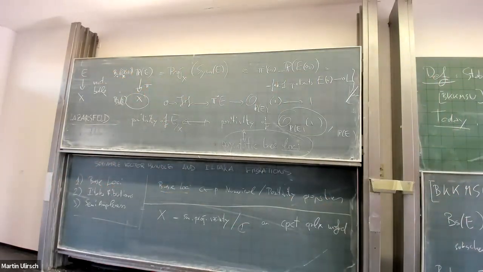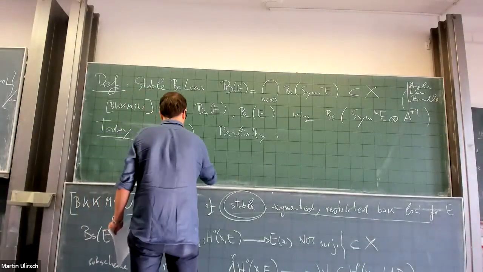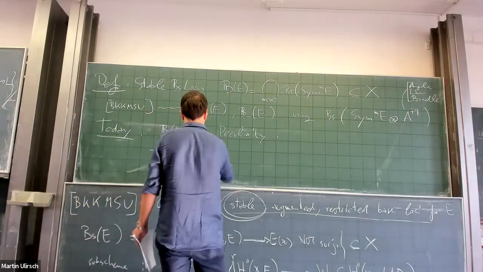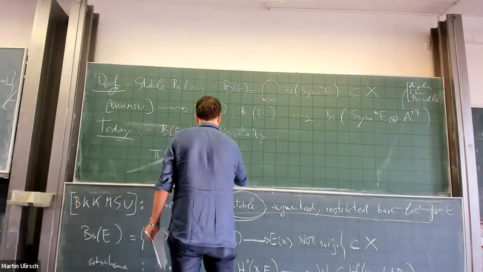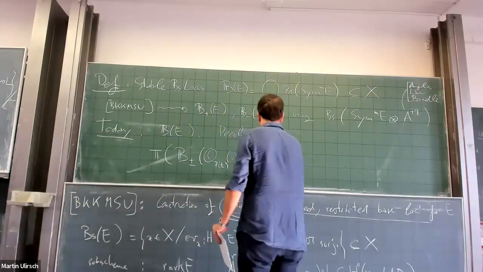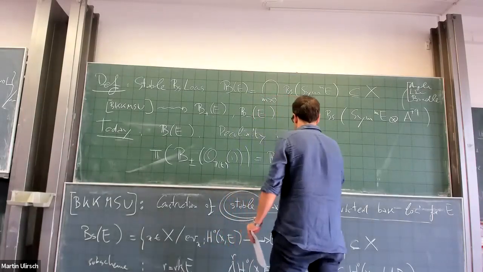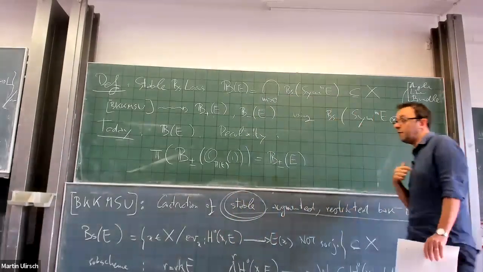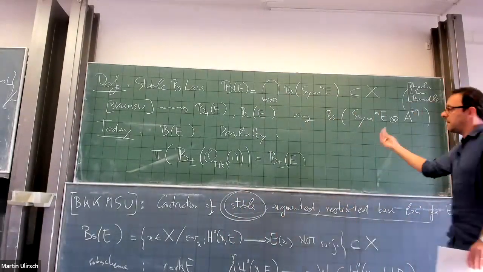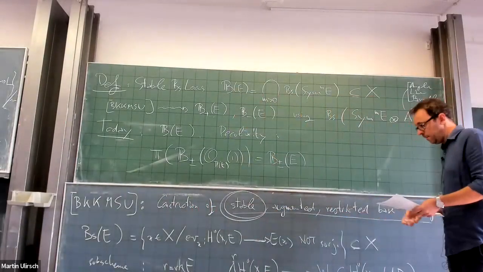In particular, when we look at the image of the augmented or restricted base locus of O(1), the line bundle of P(E), then this is exactly the augmented and restricted base locus of E. Therefore, this could even be taken as a definition.